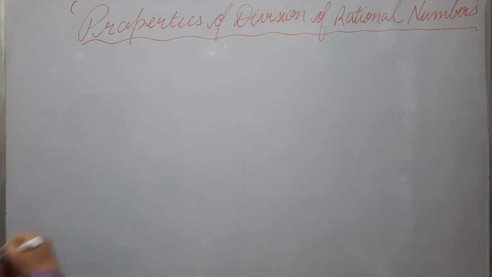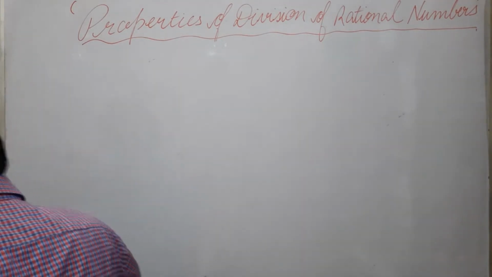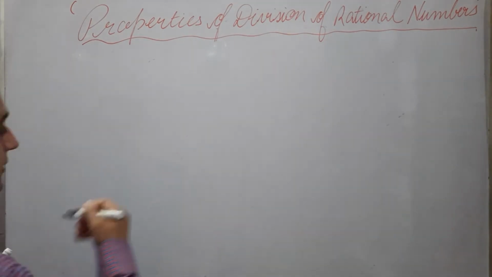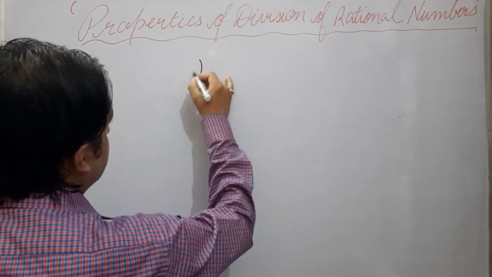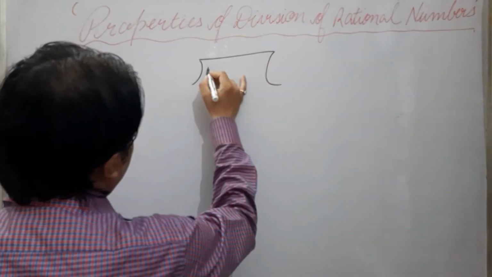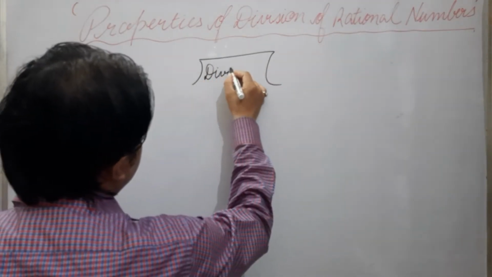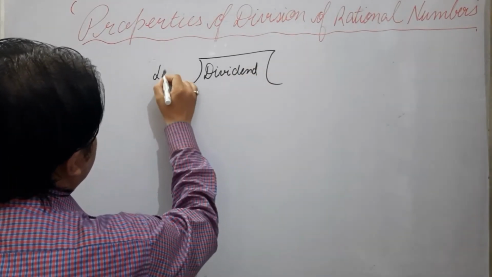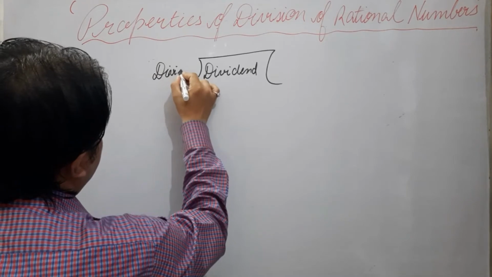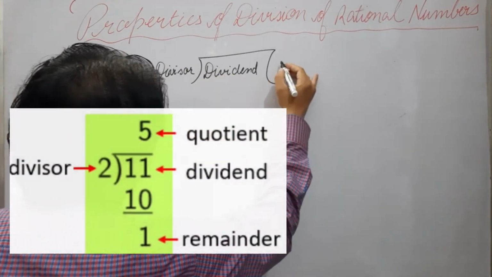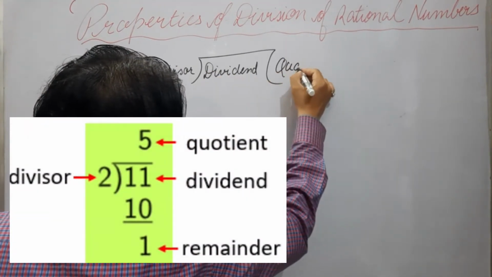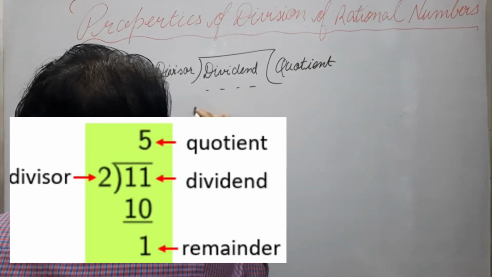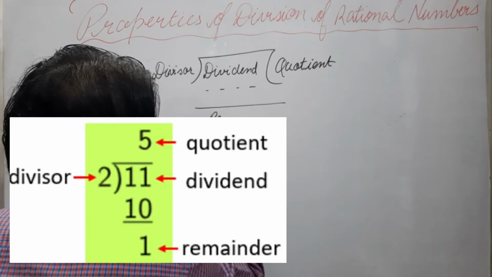Students, you know how to divide two numbers. You write the dividend to be divided by the divisor, and you obtain a quotient and remainder.